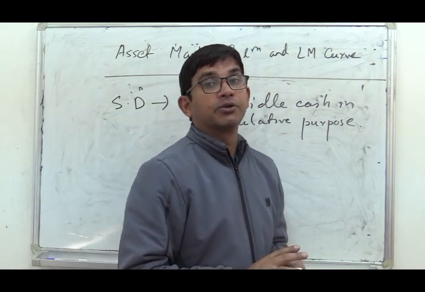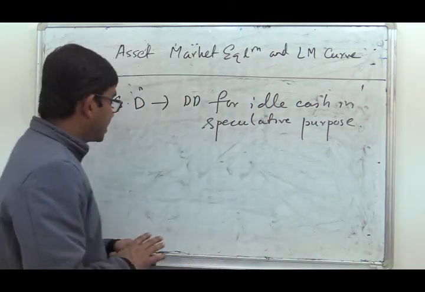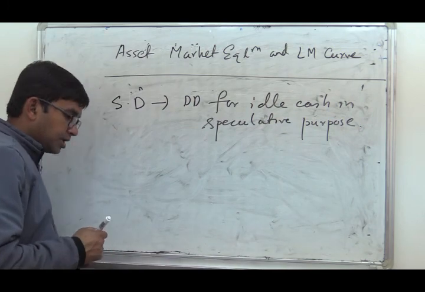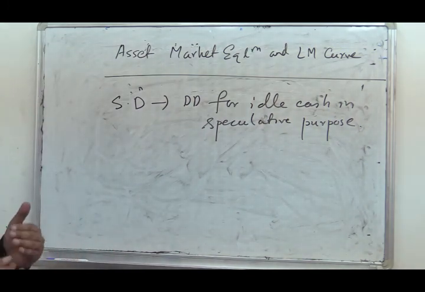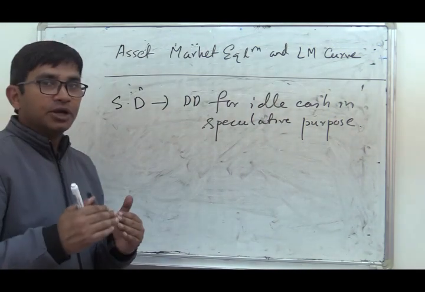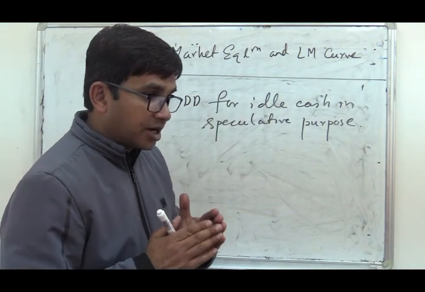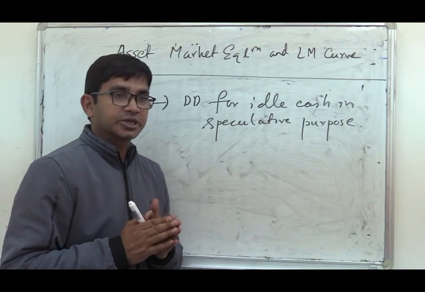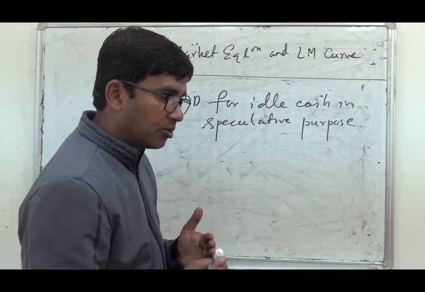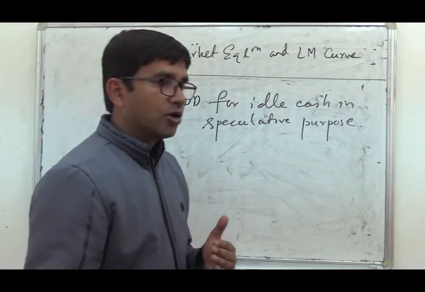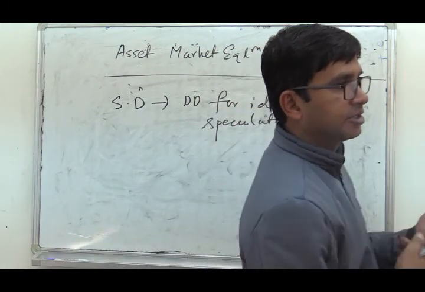specifically for the speculators. What is that? The concept is very simple. As per Keynes, you have two types of gain from the bonds. One gain is known as interest gain. If you hold bonds, the bond will yield some interest rate.